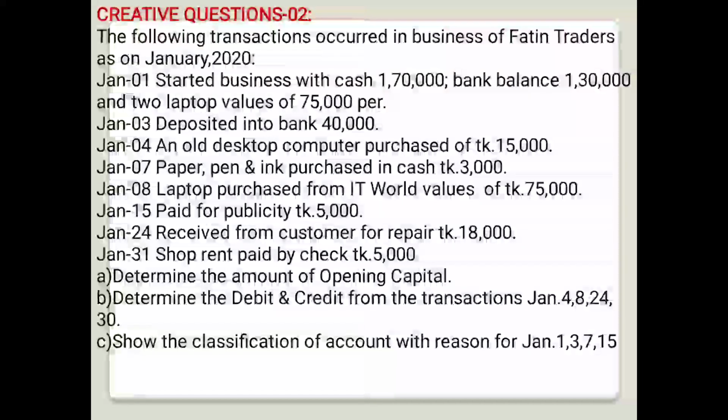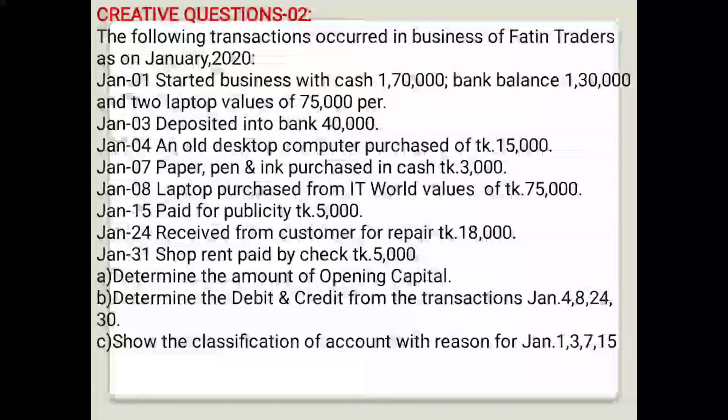So in this business, Path Traders, the amount of opening capital would be cash of taka 1,70,000, bank balance taka 1,30,000, and laptop balance, 2 laptops at 75,000 each, so the total laptop balance is 1,50,000.